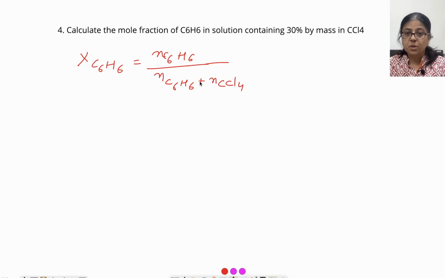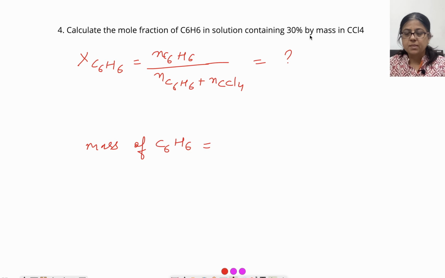To calculate the number of moles of both the components, you need the mass of each component as well as the molar mass. Let us put the values here. What will be the mass of benzene present in the solution?